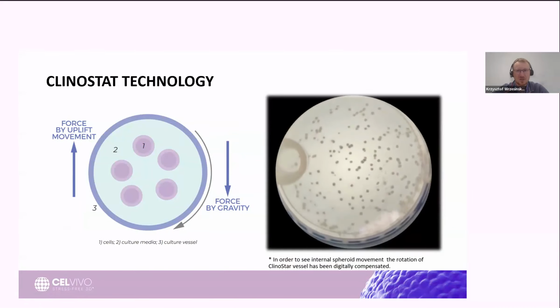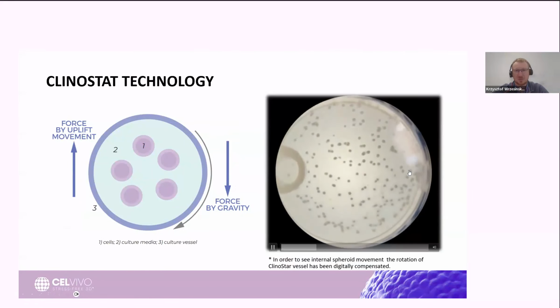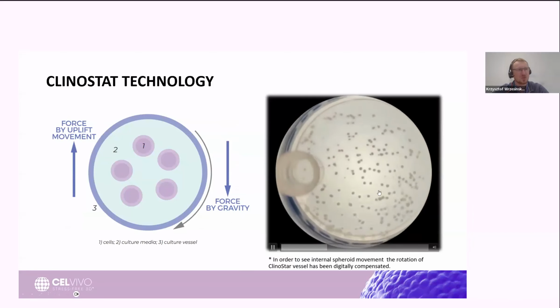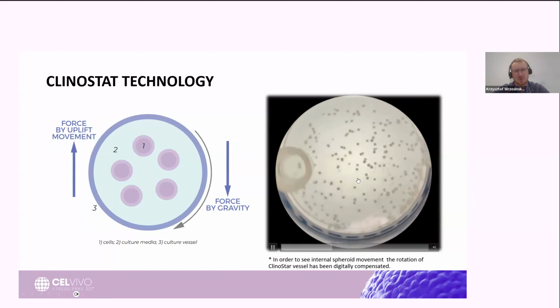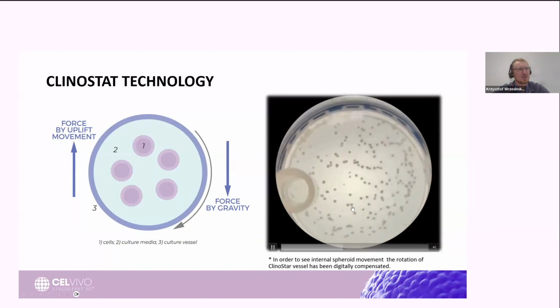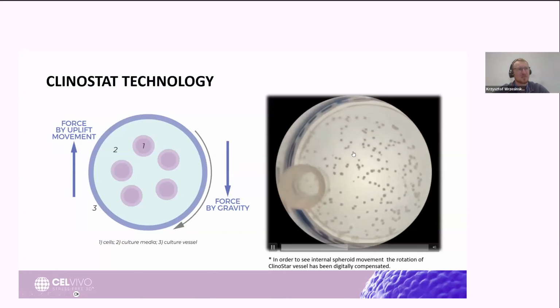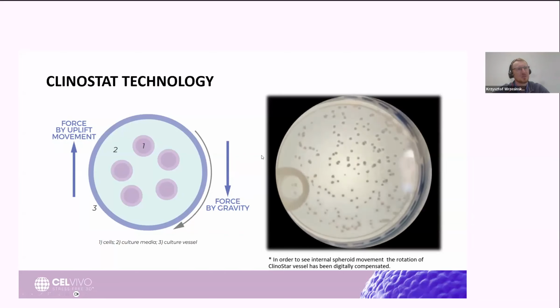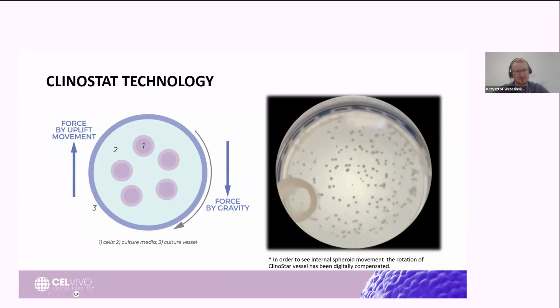The system utilizes a closed cartridge principle with very minimal shear forces because we do not have a pressure difference. And on this image, you can see how the constructs move inside the vessels when we electronically control the rotation of the vessel itself.